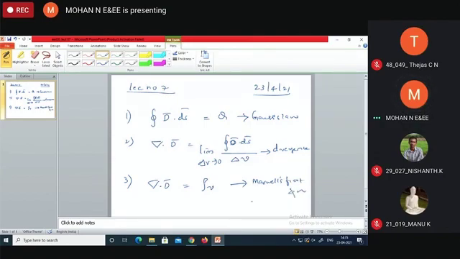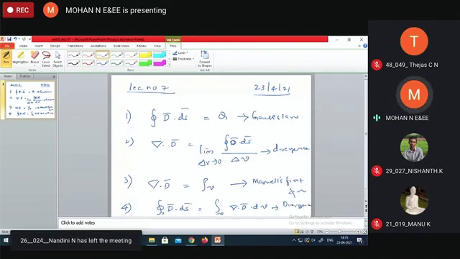And lastly, we have derived the divergence theorem. That is a closed surface integral of D dot dS vector, which is equal to the volume integral of the divergence. This is the Gauss divergence theorem.